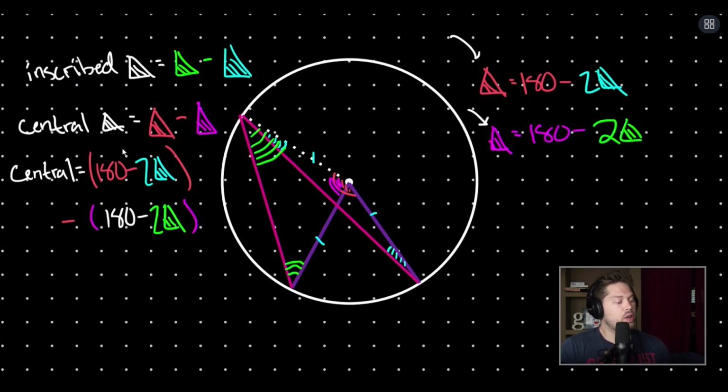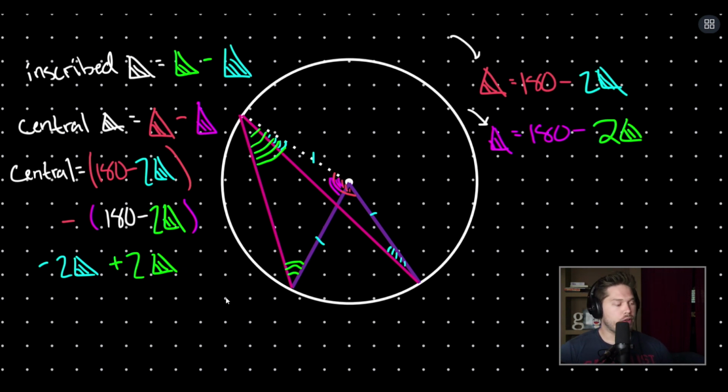Okay, so if I simplify, what do I have? I have 180 minus 180, which is of course 0. And then I'm left with a minus 2 blue, and then a minus 2 green, so that's a plus 2 green.